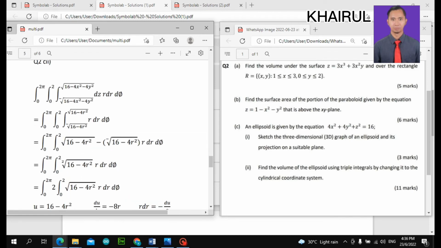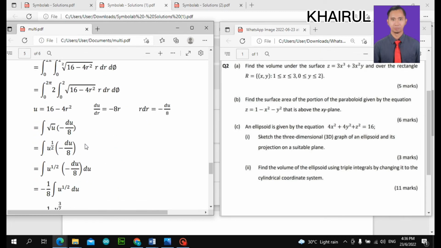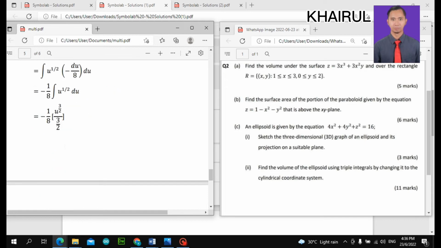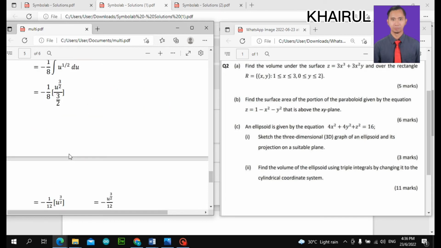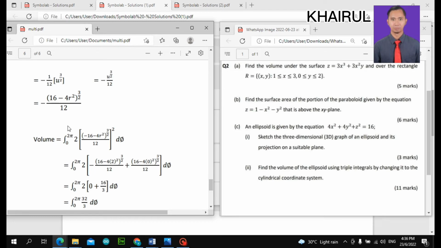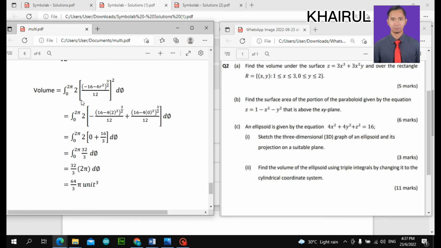For C2 we put the equation in this triple integral, and we put in 16 over 4r squared in this equation and find the volume using the double integration, 2 pi from 0 to 0 plus 16 over 3 d theta, and the last answer is 64 over 3 pi units.